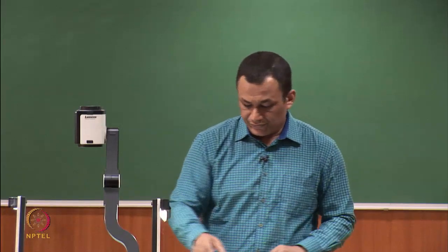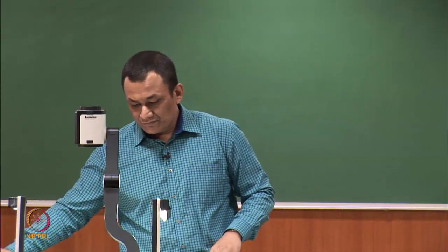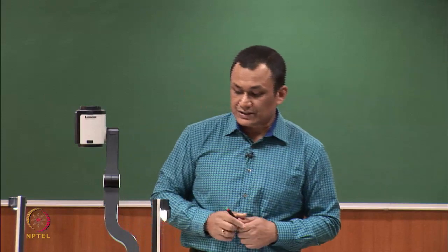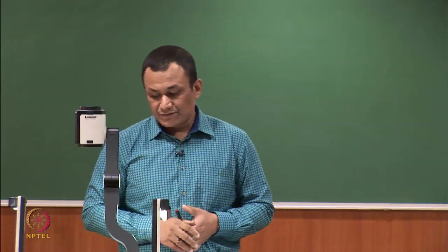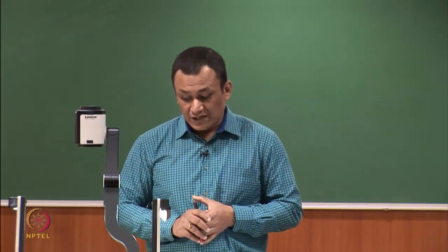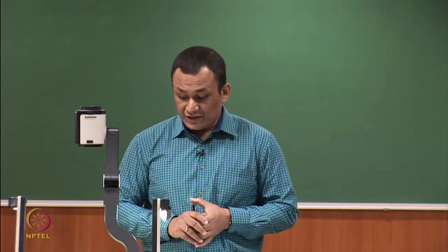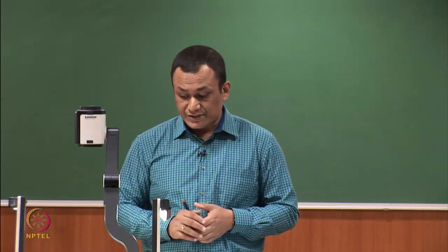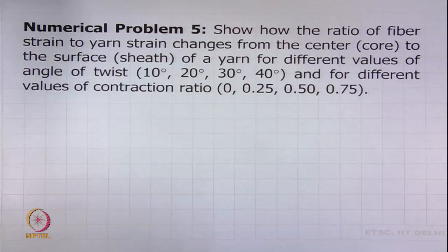So, how does the ratio of fiber strain to yarn strain change from center to surface of a yarn for different values of angle of twist 10 degree, 20 degree, 30 degree, 40 degree, and for different values of contraction ratio 0, 0.25, 0.5, 0.75. So, this is a problem.